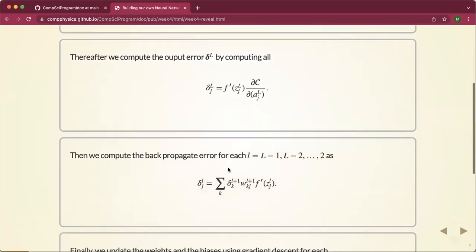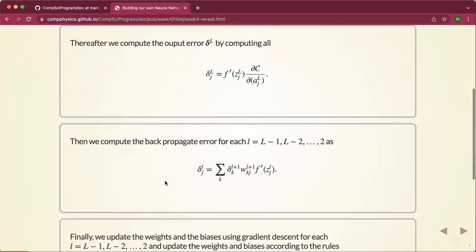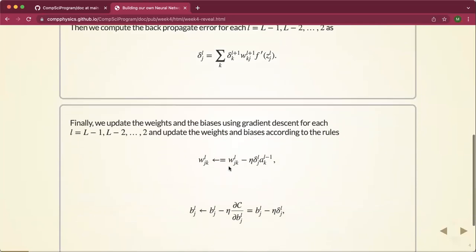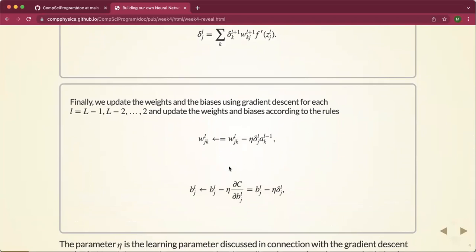Then we back propagated the error till we reached the first hidden layer. We needed to compute a quantity which depends on the weights of a given layer, the activation function of a given layer, and also the error from the previous layer. With that, we could update the weights and the biases.